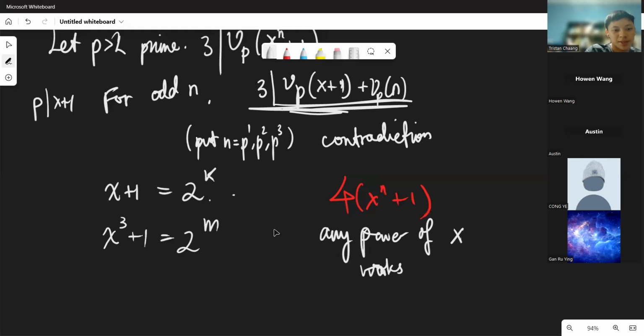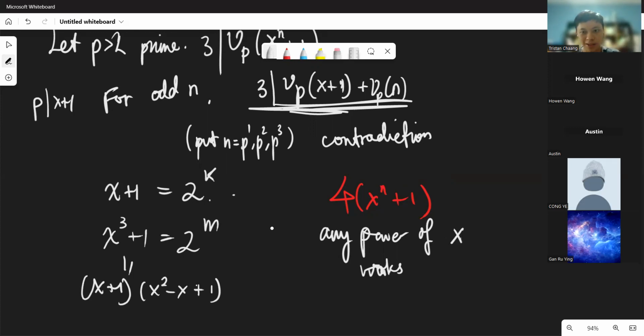Like, what's this? This is equal to x plus 1 times what? Times x squared minus x plus 1. But x plus 1 is a power of 2. So this thing is a power of 2.